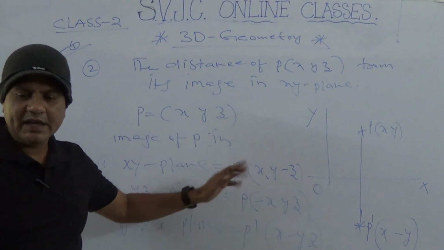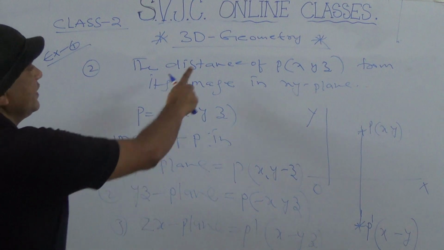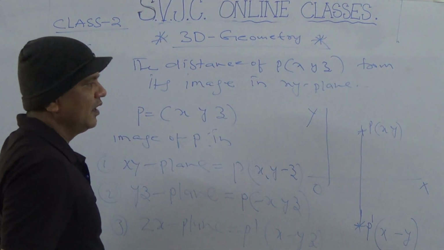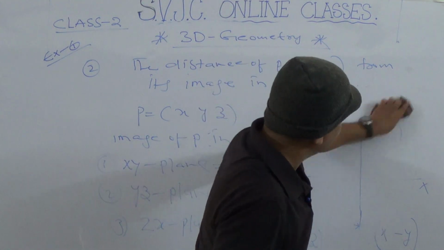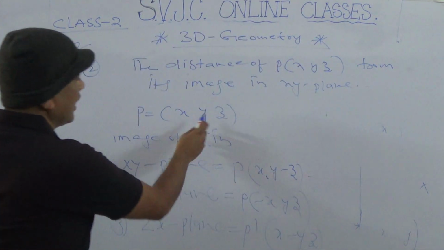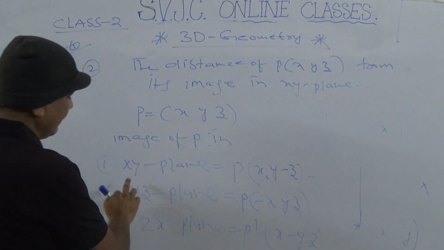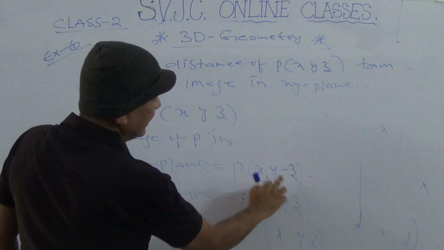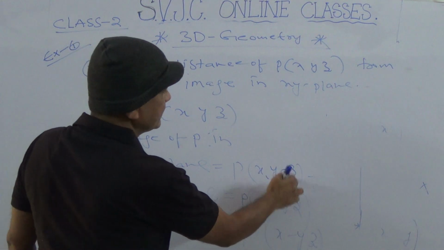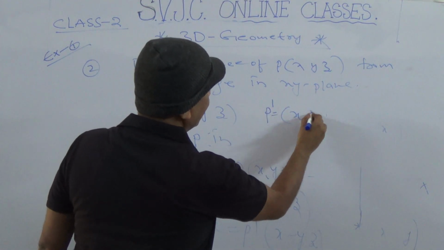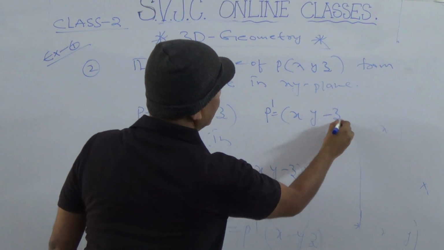Here, the distance of P from its image in the xy plane. P is a given point, P is (x, y, z). The image of P in the xy plane is P dash, (x, y, minus z).